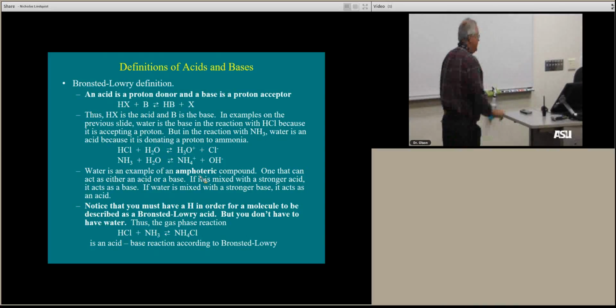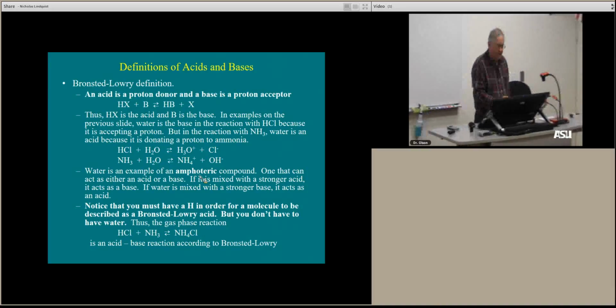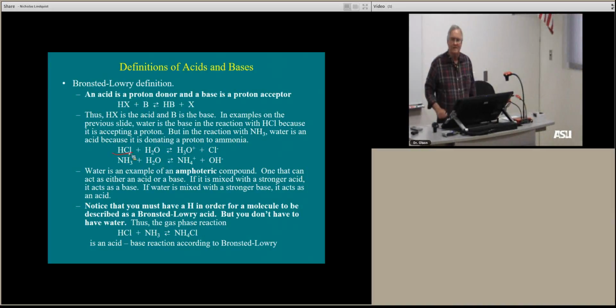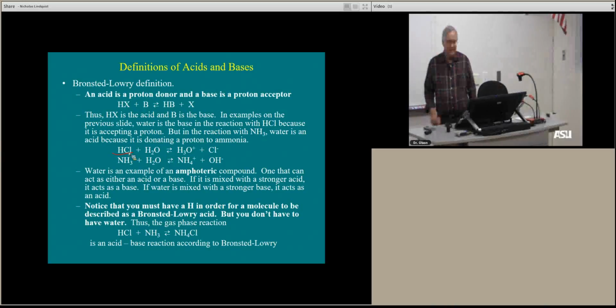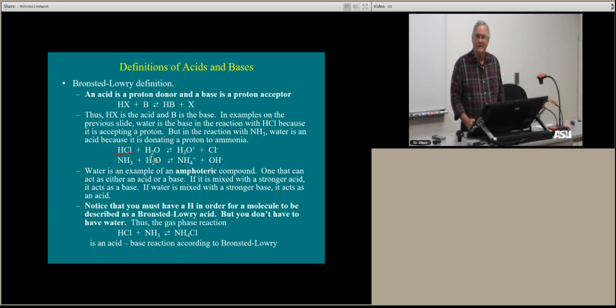So an example here is going to be the same thing we saw before, where we had HCl. HCl is going to be a Brønsted-Lowry acid because what happens is that it's donating a proton to water to form H3O+, and then what's left over is the chloride ion.